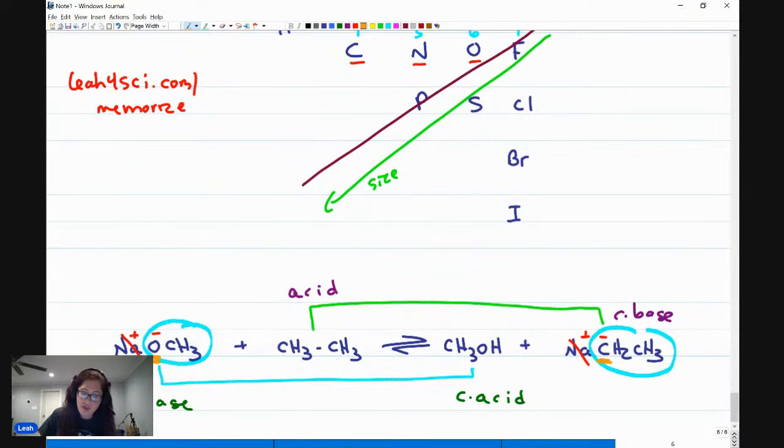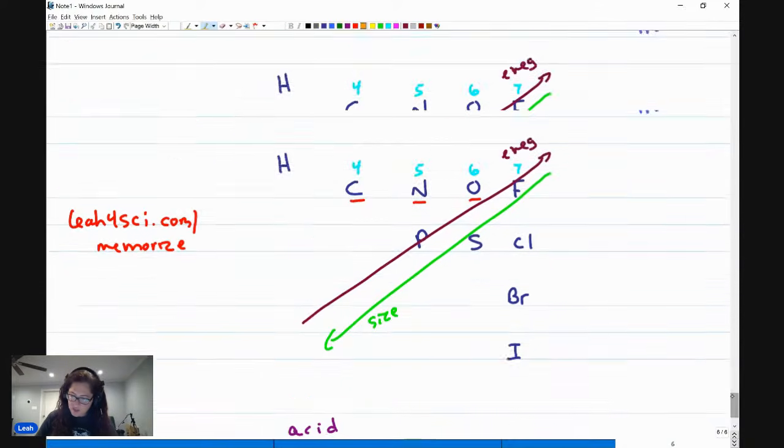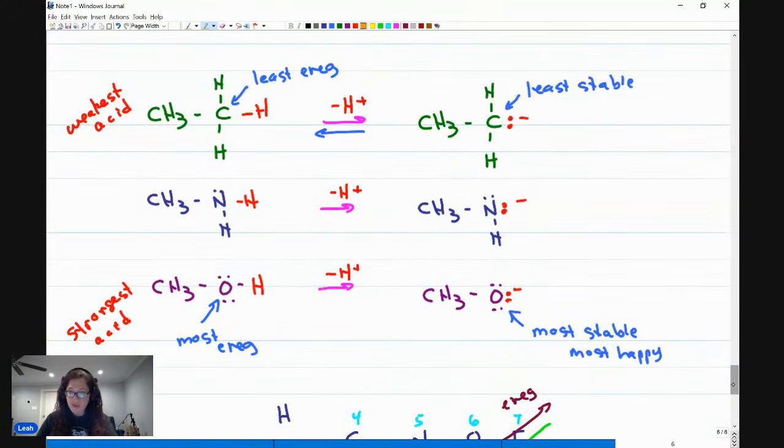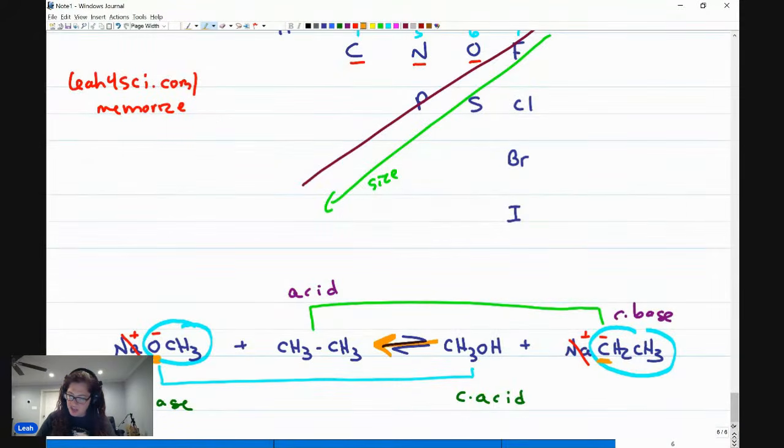Oxygen is more electronegative, which means oxygen is more stable with a negative charge. This reaction will favor the reactants over the products because it's more stable with a negative oxygen than a negative carbon. So do you see how I gave you the same exact problem, the same exact ranking, but in a slightly more difficult form, just because it's not as obvious what it is that you're comparing?